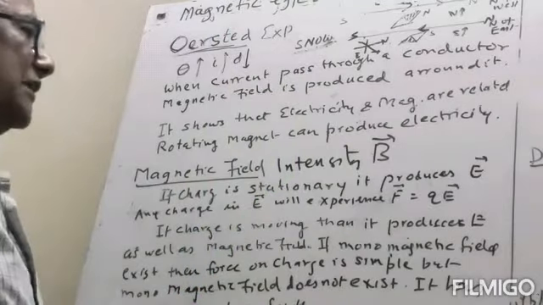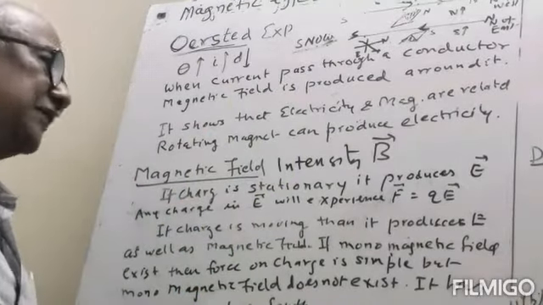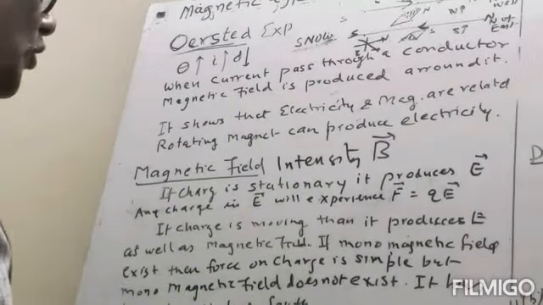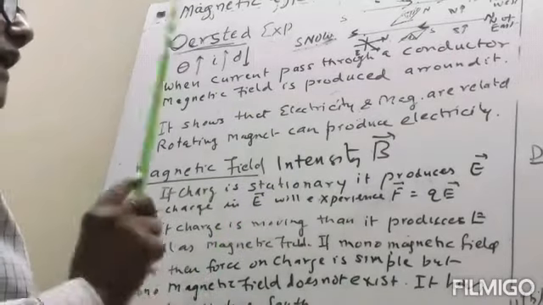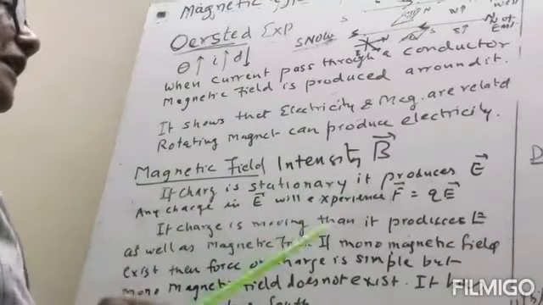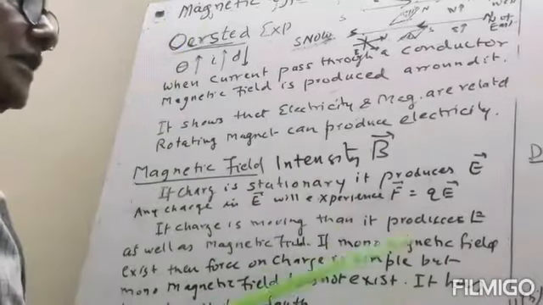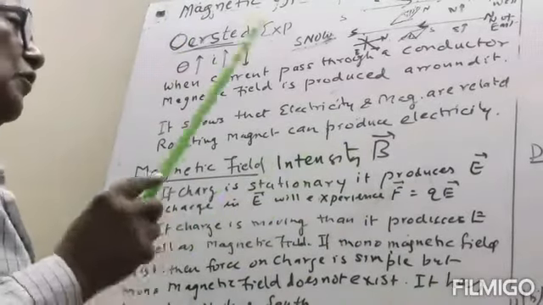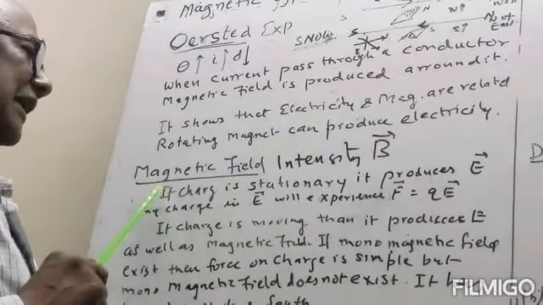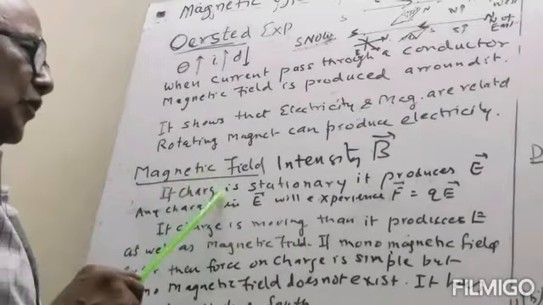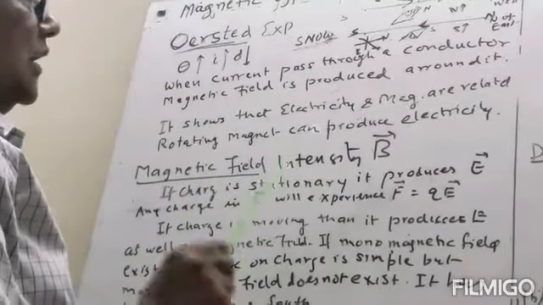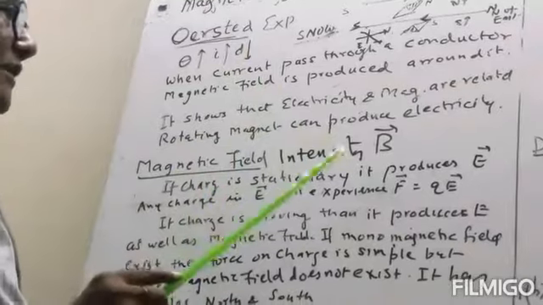Positive charge and negative charge are monopolar, meaning we can have either a positive charge or a negative charge. So electrical charges, positive or negative, are monopolar charges.